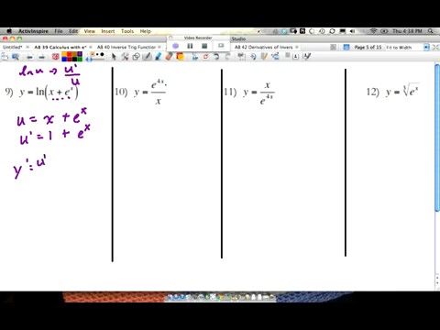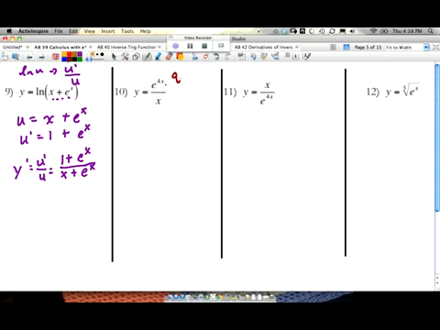So y prime is really u prime over u, which if I substitute those pieces in, is 1 plus e to the x over x plus e to the x. Not too bad, not too bad.